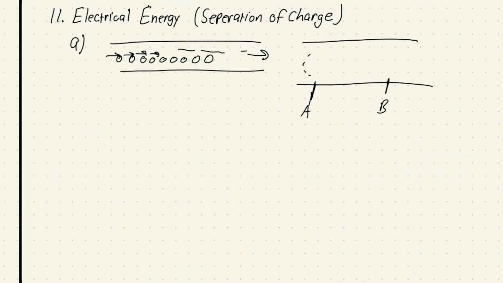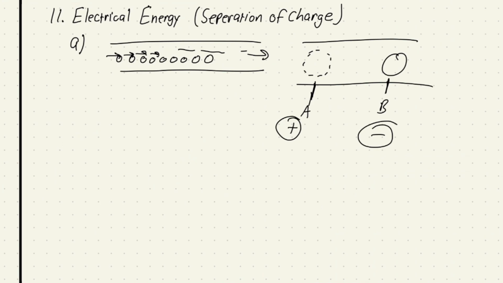So it starts off here, and I'll draw a dashed outline to show where it was, and it goes to B. Now there's this hole at A, and the absence of this negative charge is the same thing as a positive charge. And at position B, I have the electron itself, which has a negative charge. So even though it's a bunch of electrons moving, I still have a separation of charge.